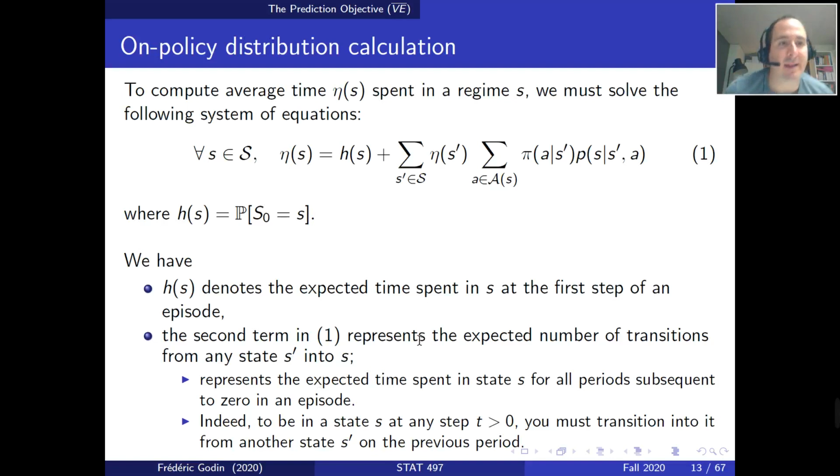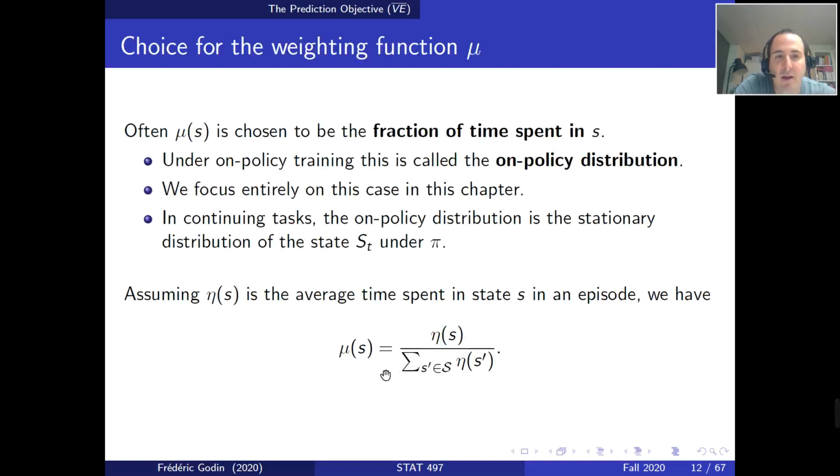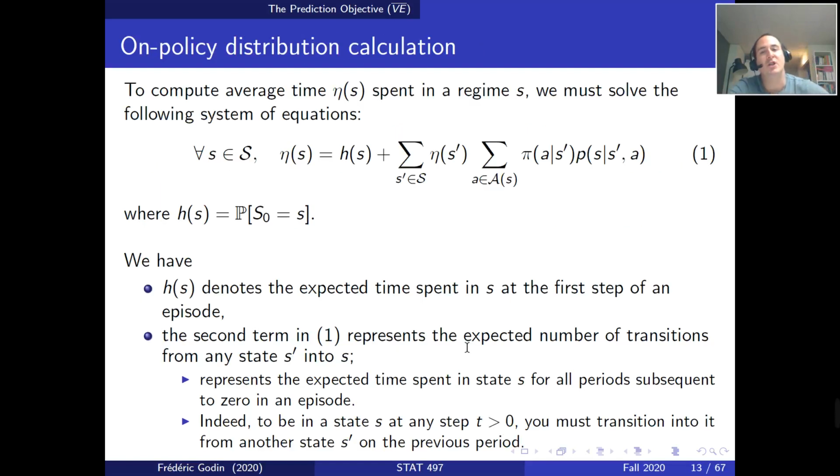Okay, so in practice, if we wanted to calculate mu, would that be simple? Well, let's go back one slide. To calculate mu, we could simply calculate the eta s for all states, and it can be shown. Again, we won't provide the proof here. This formula is drawn from the textbook.